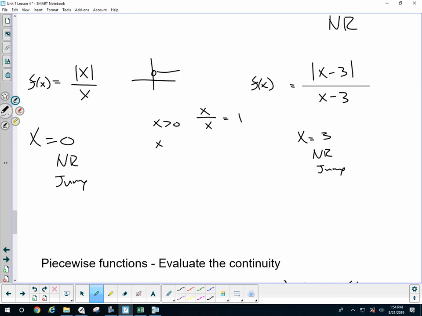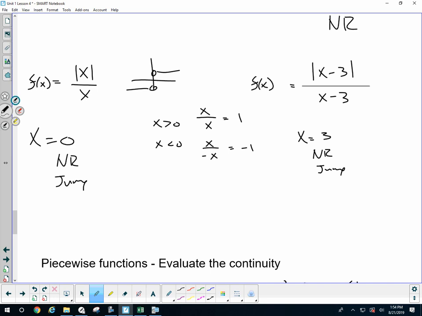If x is less than 0, well, that's a negative value. The absolute value would make it a positive, so I'd still have a positive x. The denominator would be a negative value, so this would turn into a negative x. Well, simplify that, that's negative 1. So we'd have values that are only negative 1. We have a jump, not a hole.